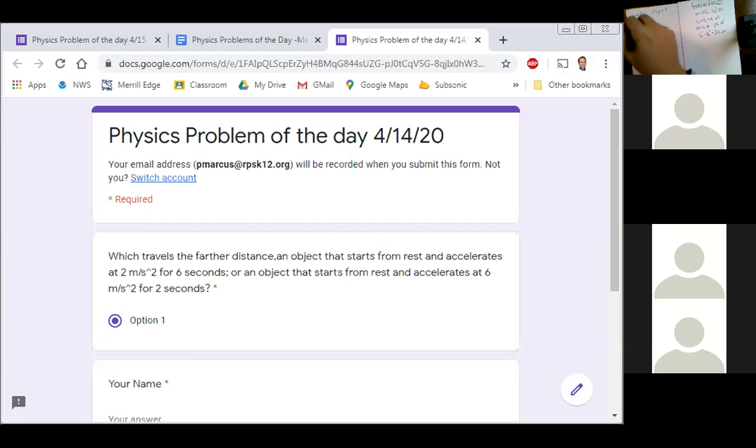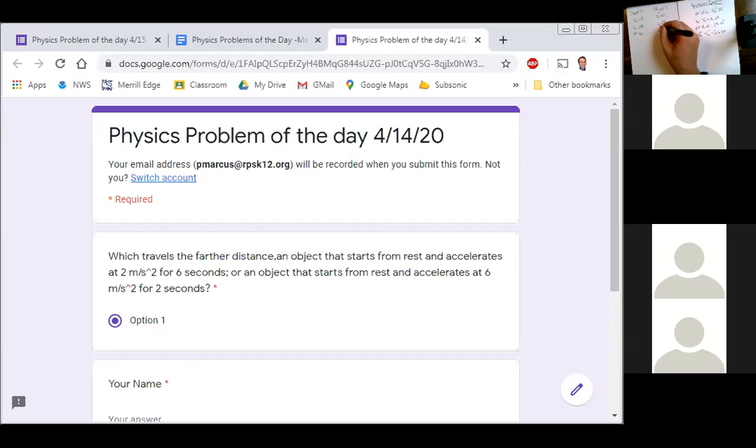Okay, so that was the first object. The second object also starts from rest. But what should the givens be? They're a little bit different for object 2, right? So we got 6 meters per second squared for the acceleration.